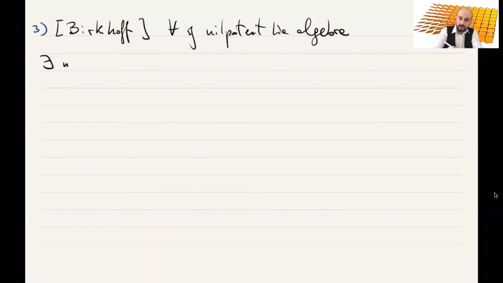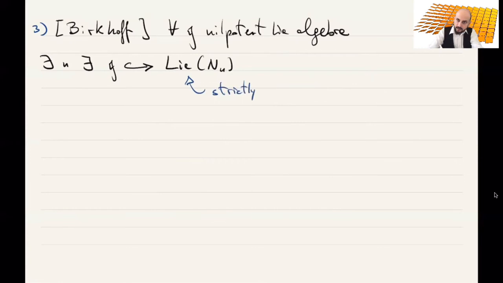So there exists some n, and there exists a map from G into the Lie algebra of N_n, recall that these are the strictly upper triangular matrices.